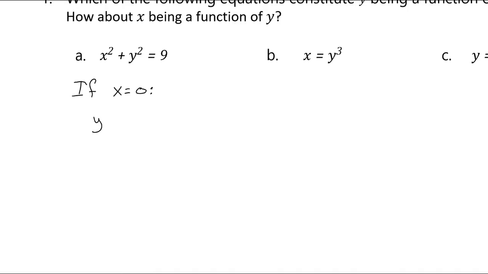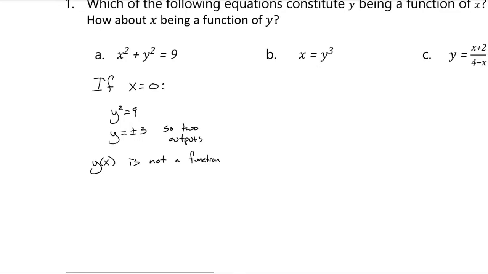Then we'll have y squared equals 9. And then if I take the square root, I get that y equals plus or minus 3. So 2 outputs. So we can say y of x is not a function. If I plug in an x value, we get more than one y value potentially.